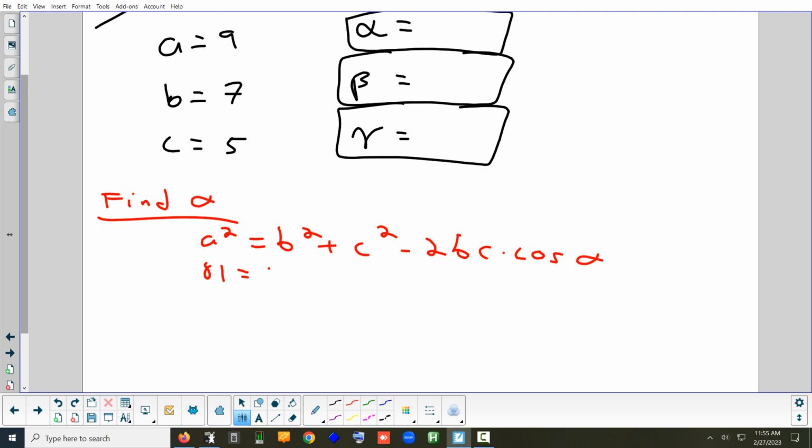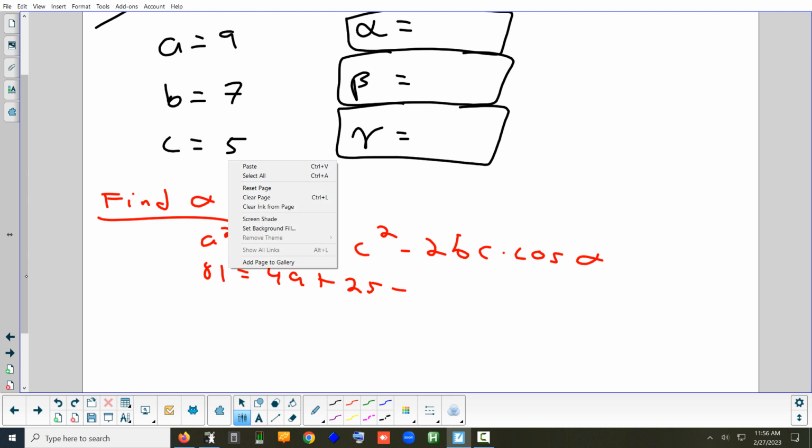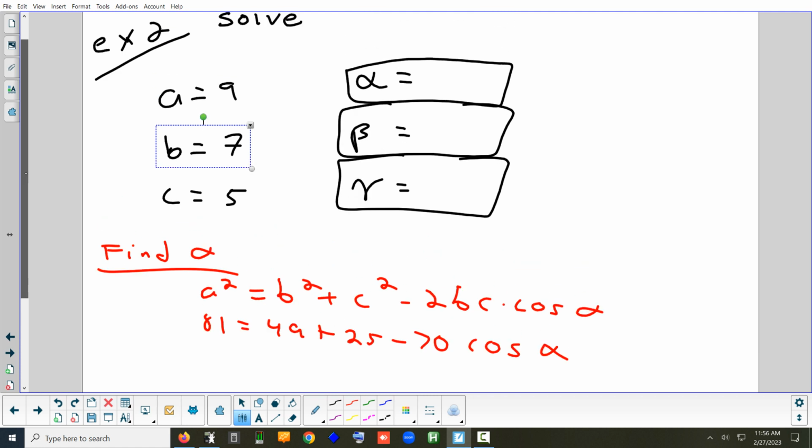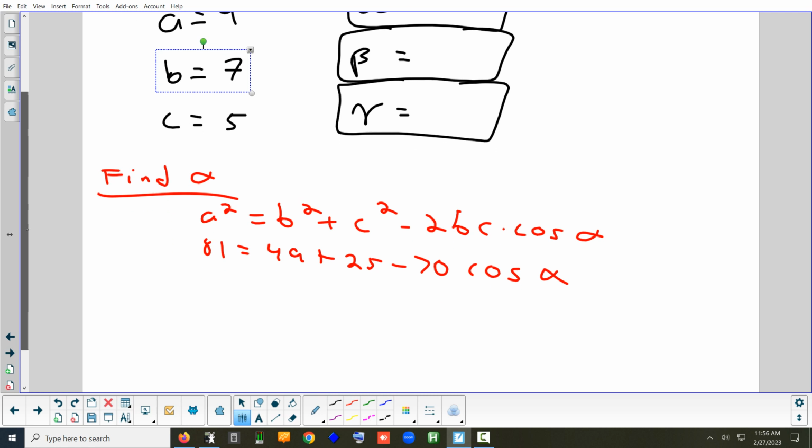And b squared? 49. C squared? 25. 2 times b. Actually, it's probably easier to do it this way. What's 2 times c? 10. What's 10 times 7? 70. And what's alpha? We don't know. The nice thing here is a lot of times the sides are usually integers, so arithmetic is a lot easier.